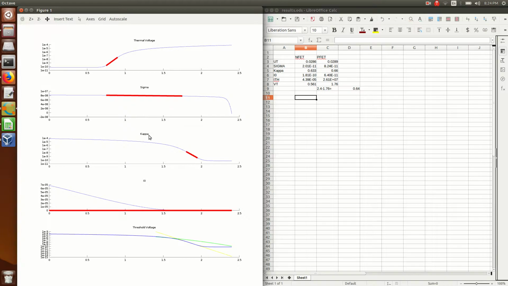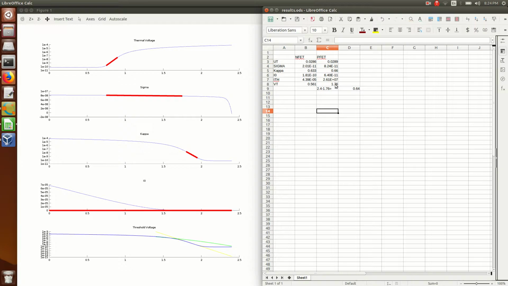Sigma, same thing. Kappa, same thing. For I naught, instead of taking the voltage at 0, we took the voltage at 2.4, and for the threshold voltage, we did the same exact thing where we did the quadratic fit and the linear fit, set them equal to each other, and got the right value. And these were the values we got for the PFET transistor.